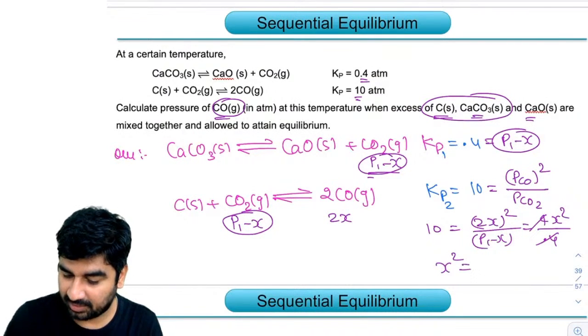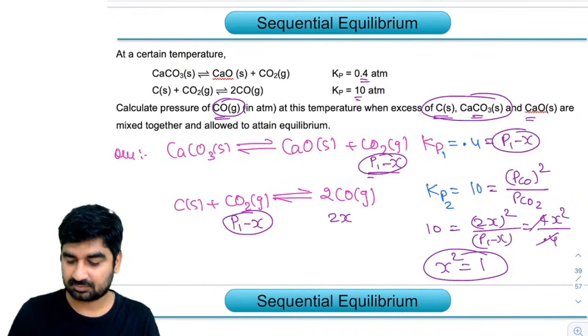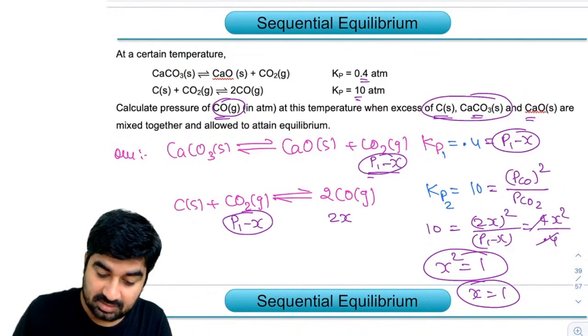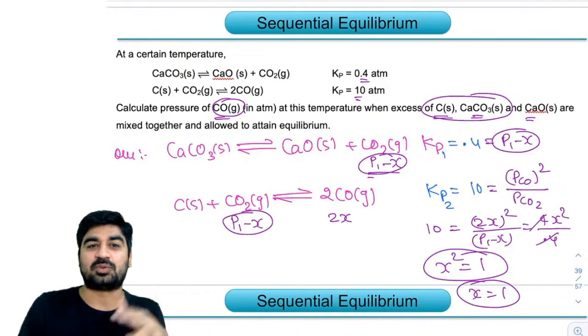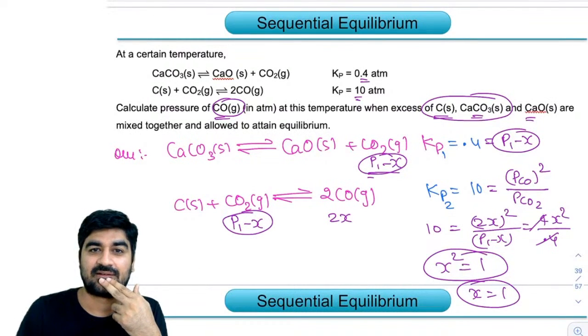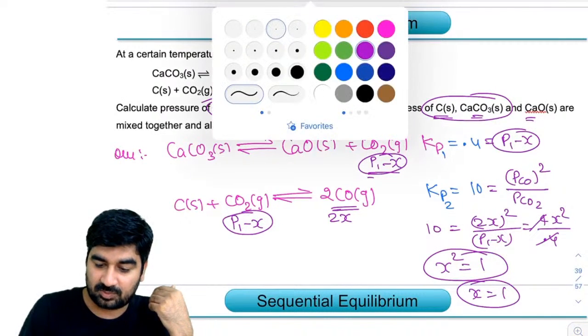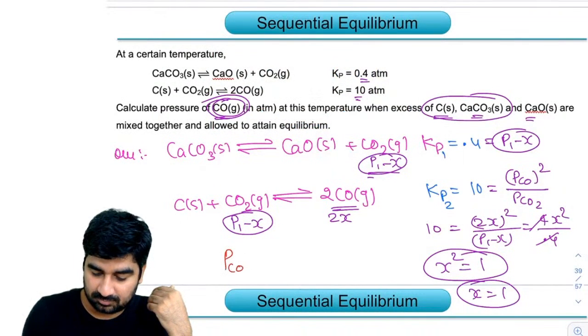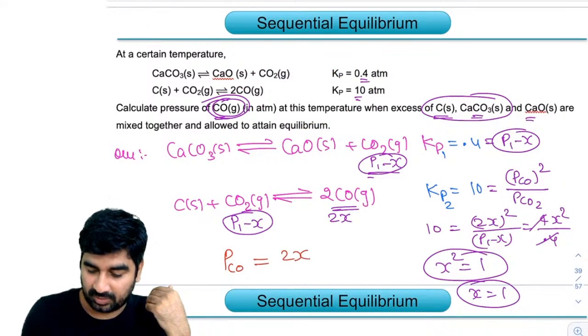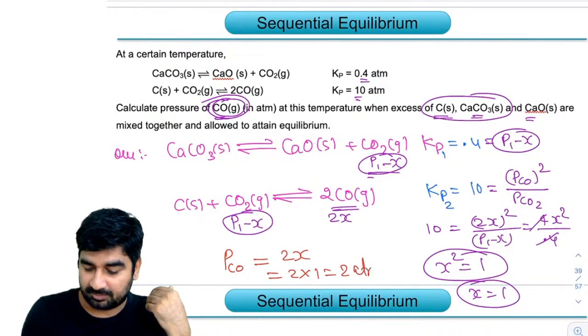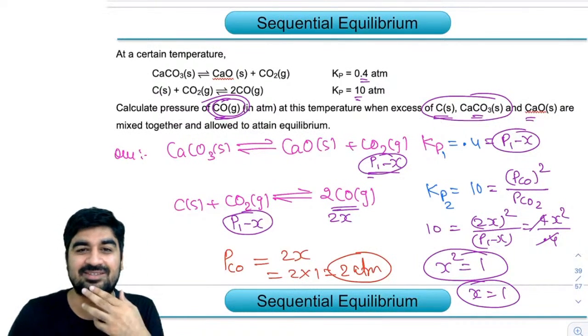X square would be, I think, 1. X would be 1. So they're asking to calculate the pressure of CO gas. So this is CO, guys. So pressure of CO would be 2x, 2 into 1, 2 atm. I hope you got it, guys.